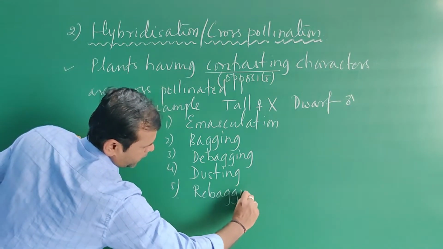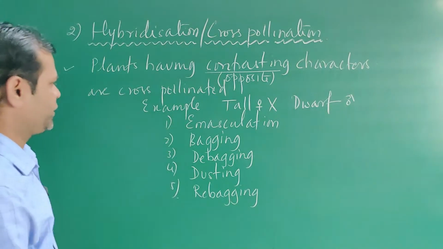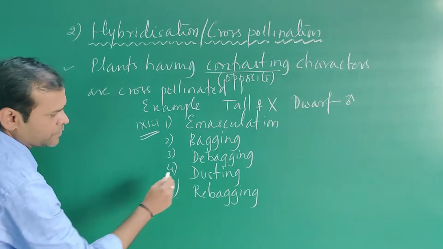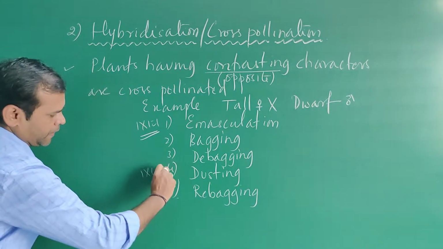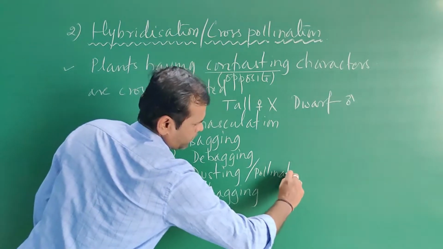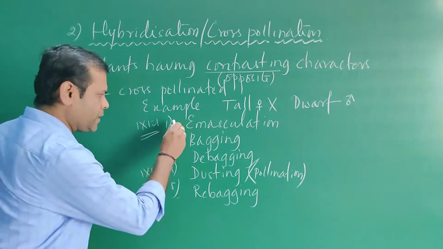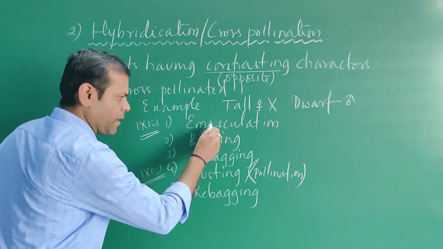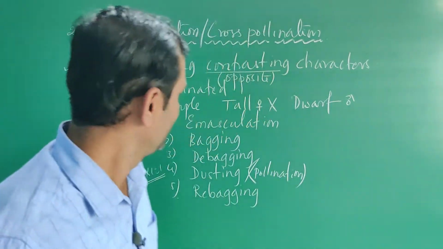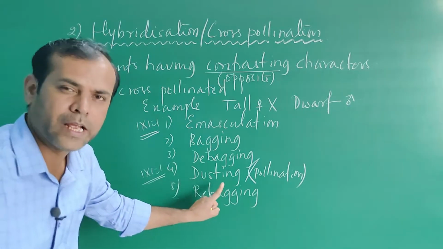And last one is rebagging. Now, emasculation is a board exam question. Dusting is again related to pollination. And this question, emasculation and bagging, they are already asked in the board examination. Now let's see the 5 steps of hybridization in detail.